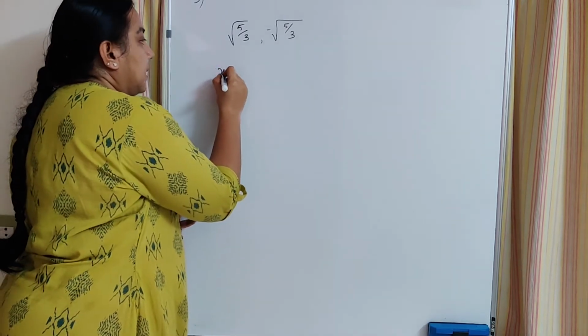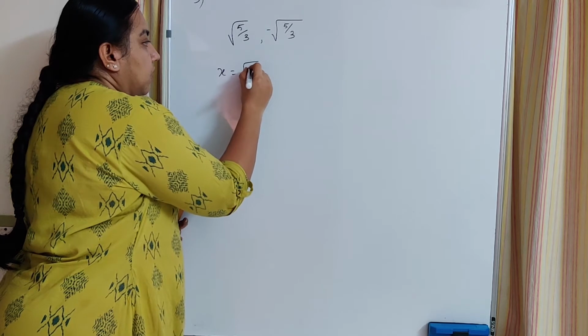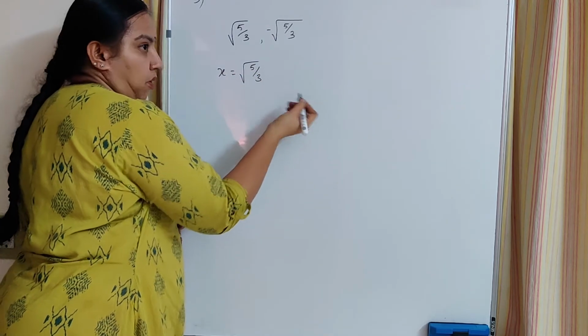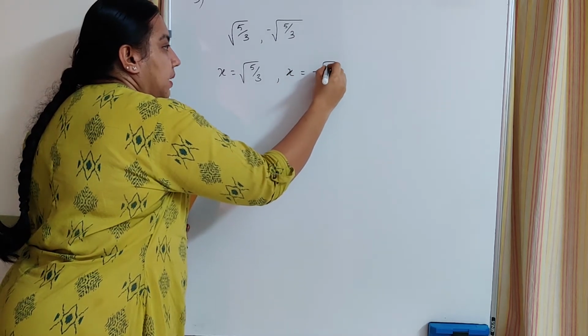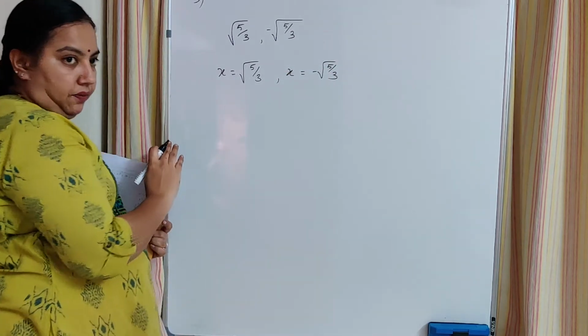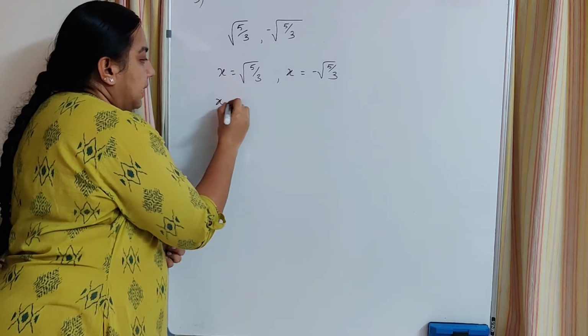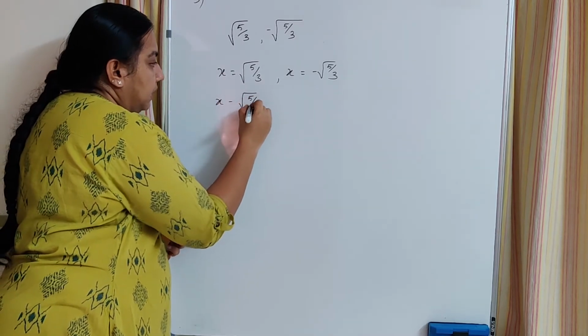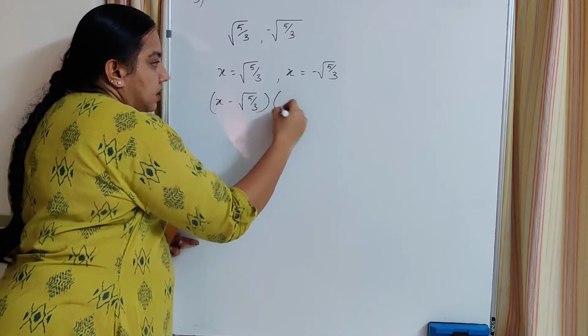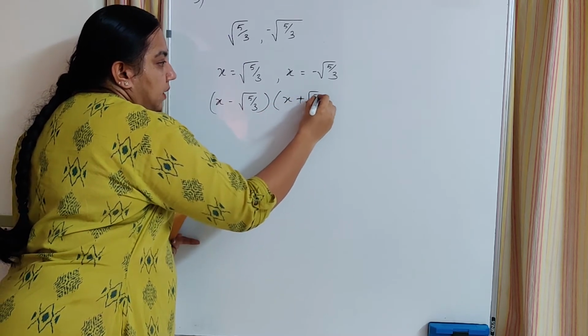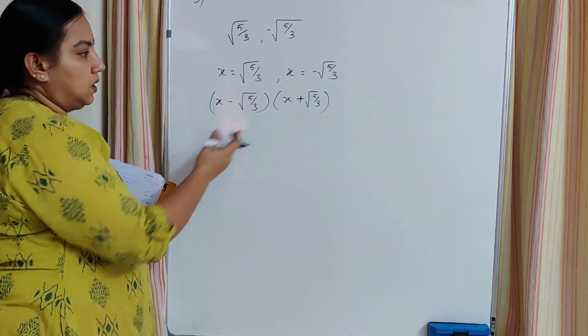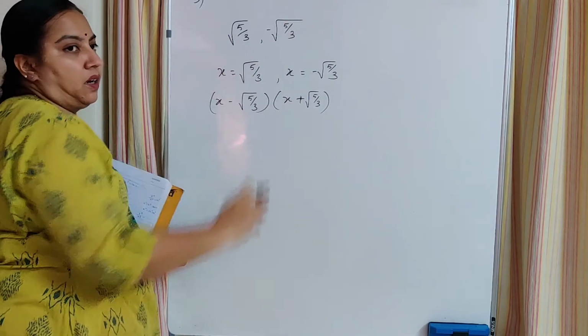I can say x is equal to square root of 5 by 3 and one more value of x is equal to minus square root of 5 by 3. Can I bring it to the left hand side and write x minus square root of 5 by 3 and x plus square root of 5 by 3? Yes. So these two are factors of this polynomial.